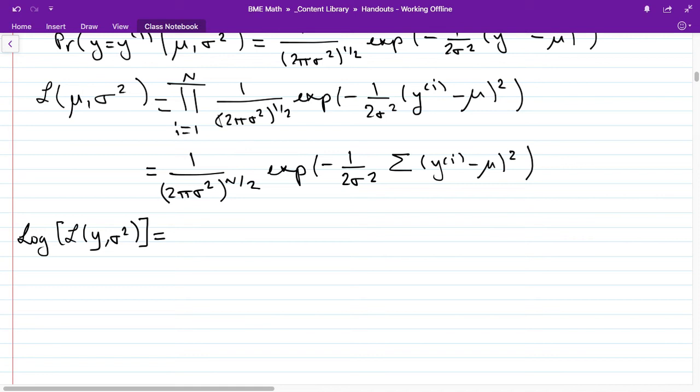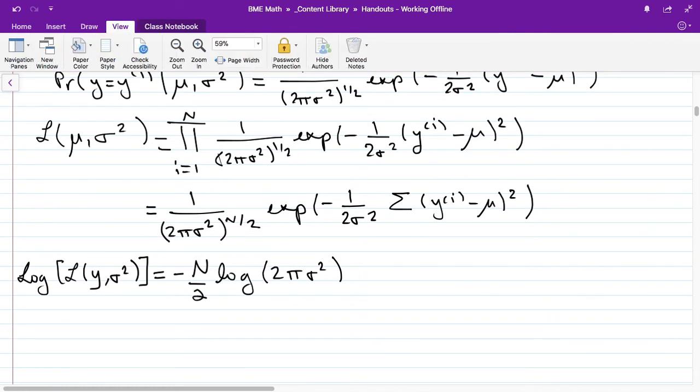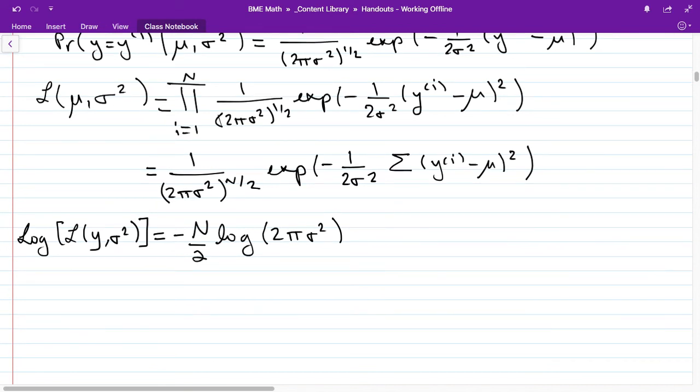So we're going to take the log of this function. What is it going to look like? It's going to be minus n over 2 times the log of the denominator, plus this term on the right, which is going to have a negative sign in front of it, because it's the term inside. So that's our log likelihood.